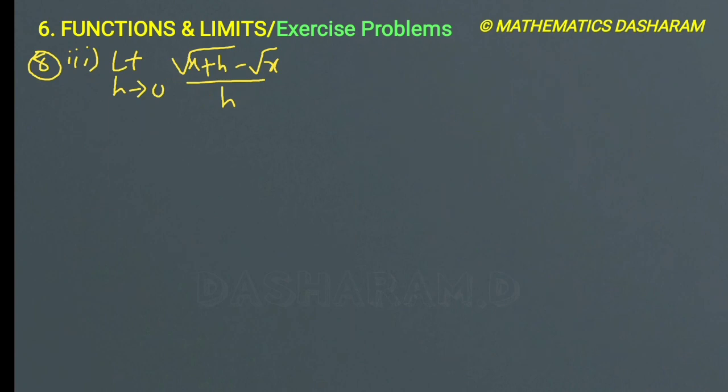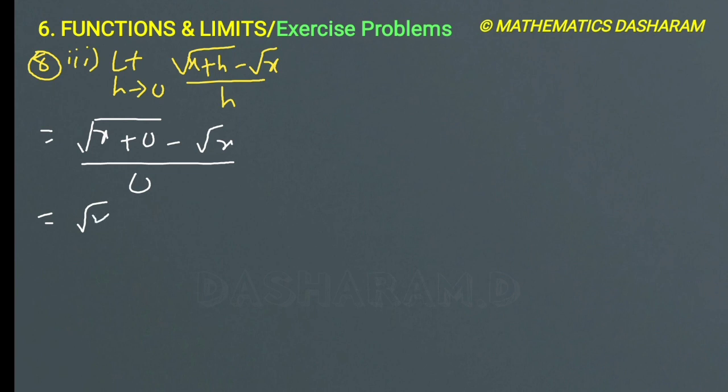Next question, third one: limit h tends to 0, (under root x plus h minus root x) divided by h. Let's substitute the h value 0: root of x plus 0 minus root x, divided by 0. X plus 0 is x, root x minus root x is 0.